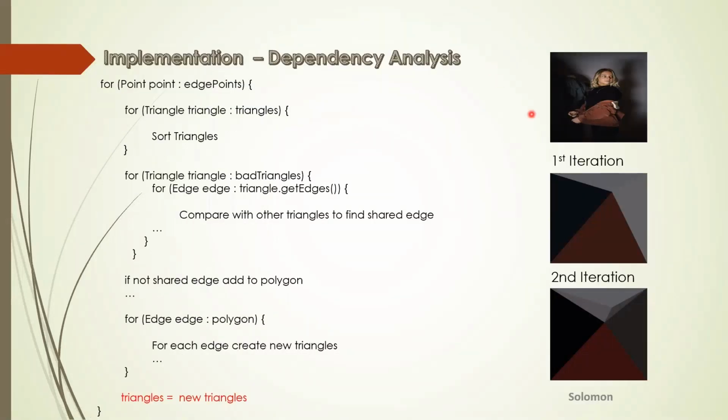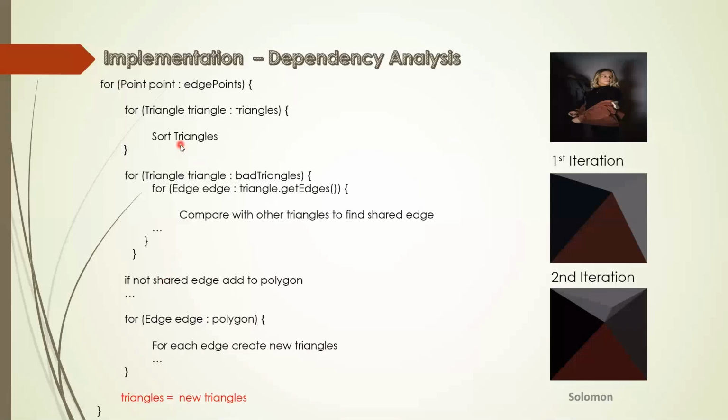So if we give this as our input image, after the first iteration, we get this, which is similar to what I had drawn previously. And then we use the newly created triangles, and that would be the output of the second iteration. So in summary, this is the entire code which we had looked at previously.